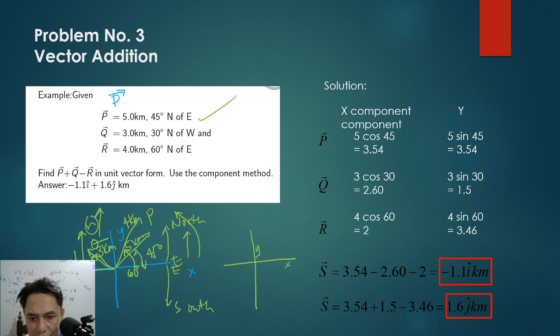So here is 5 kilometers, and this is 45 degrees. The other is 3 kilometers north of west. This is the west, north is there, and here is the south. So what is this? 3 kilometers.